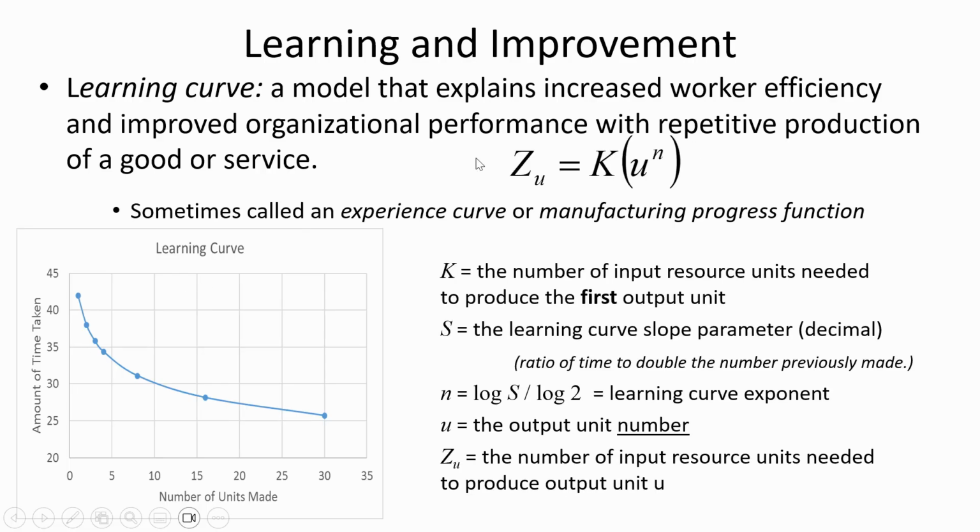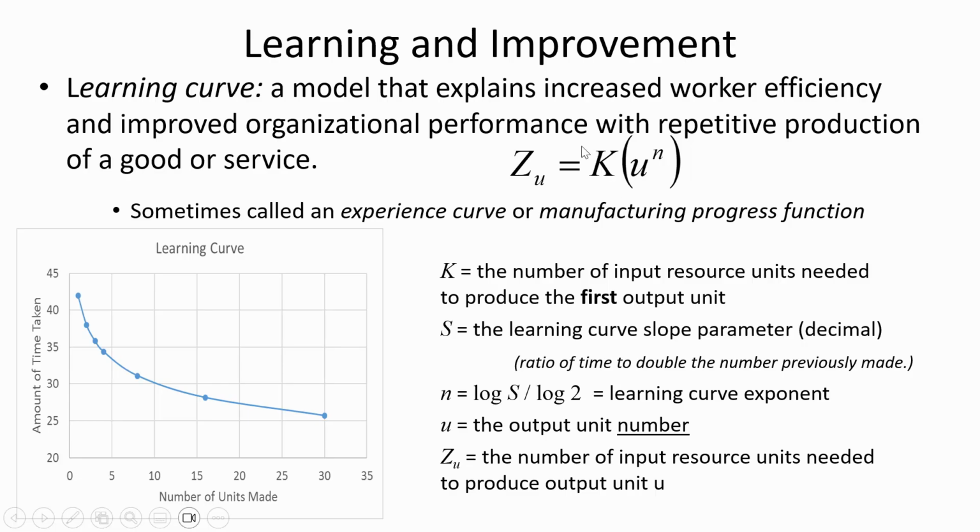So here's the model. Z sub U is how much input resource units. So we usually think about that as time. So time in hours, time in minutes. How much time it takes to do the U is the output number that you're calculating it for. So if we wanted to know how long would it take him to do the 15th oil pan, then it would be Z sub U, U being 15.